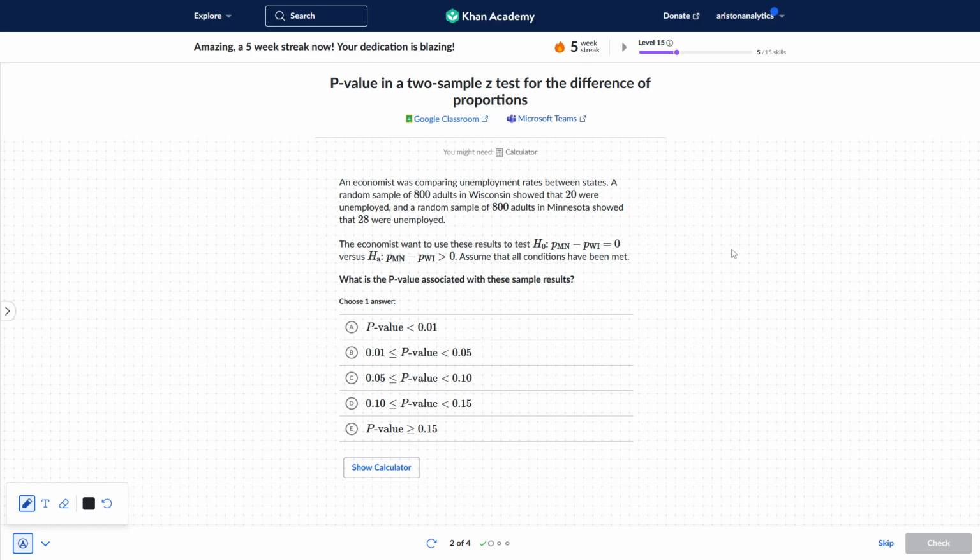Okay, another one. Z equals. Minnesota, Wisconsin.